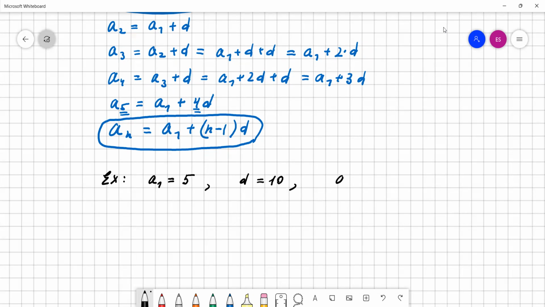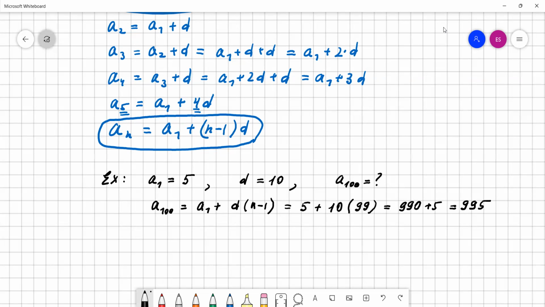What is A100? According to the formula, A100 is A1 plus (n minus 1) times D. And some books, by the way, are just going to write down A instead of A1. So it's 5 plus, D is 10, and then n minus 1 is going to be 99, right? It's like 100 minus 1. So I have 99 multiplied by 10, right? And plus 5, that's going to be 995.